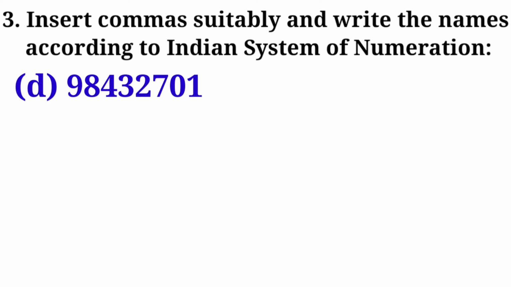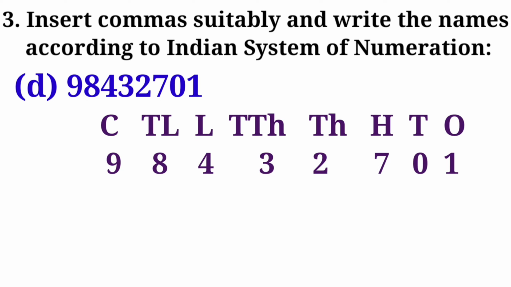So now the D part is given and we have to make the place value table. So 1 will come in ones place, 0 in tens place, 7 in hundred place, 2 in thousand place, 3 in 10,000 place, 4 in lakh place, 8 in 10 lakh place, and 9 in crore.